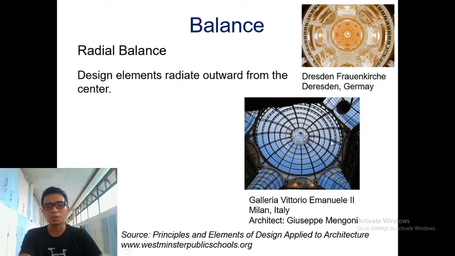So, yun, yung Galleria Vittorio Emanuele in Milan, Italy. So, yung mga ceiling nila, yung mga dome nila, ito yung mga itsura. This is a dome. May cupola sa gitna and nagra-radiate from that center point going to the outside portions of the dome.